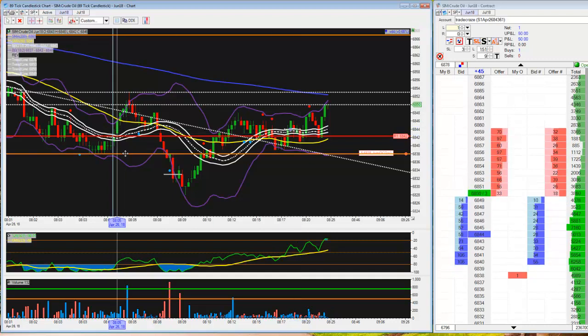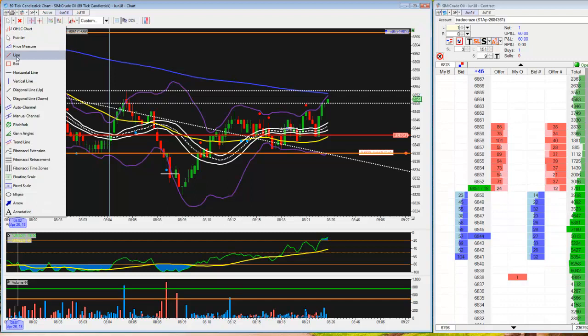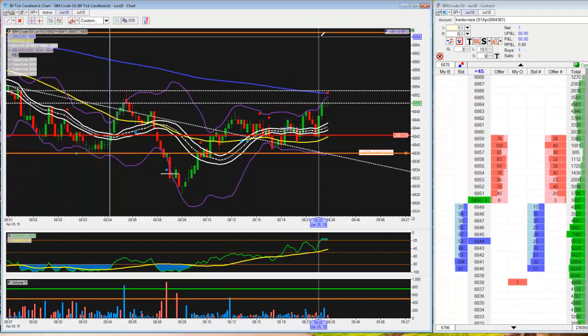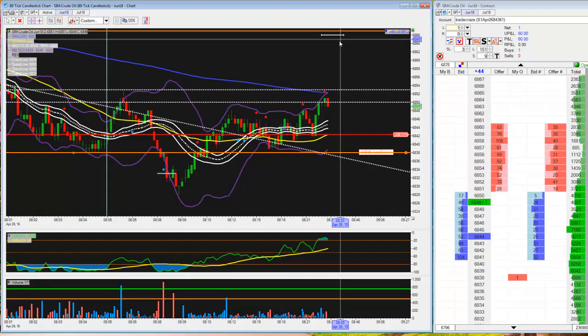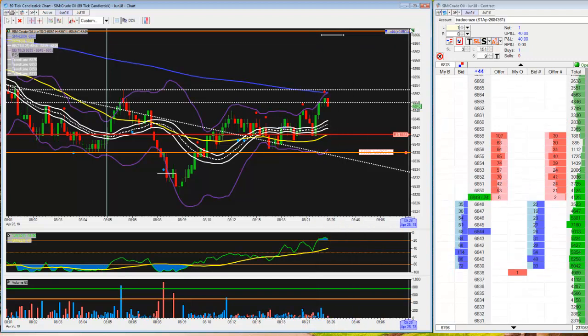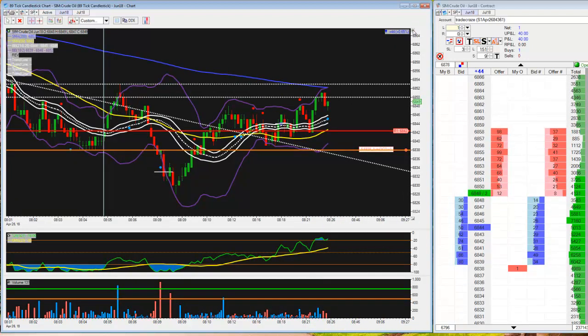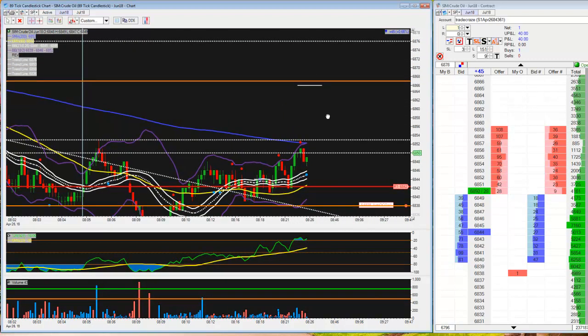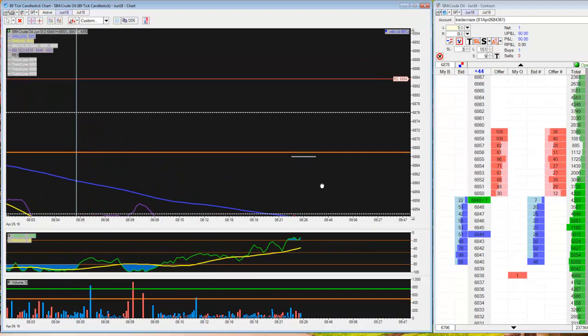All right, a 1p up move from our entry point is 66, 68, 66, right in here. It's our break-even mark. A 3p up move today, if we can get it, from entry point is 69.09.